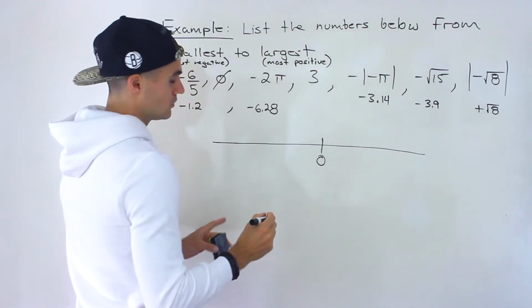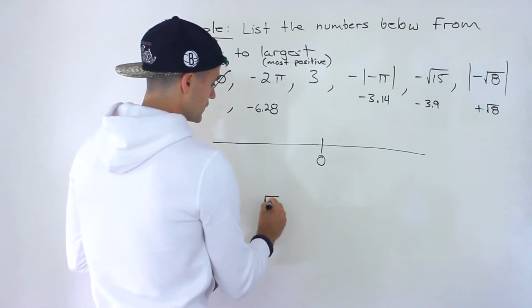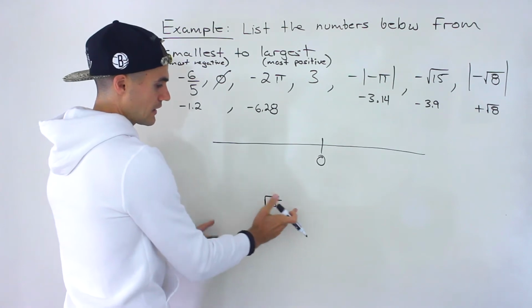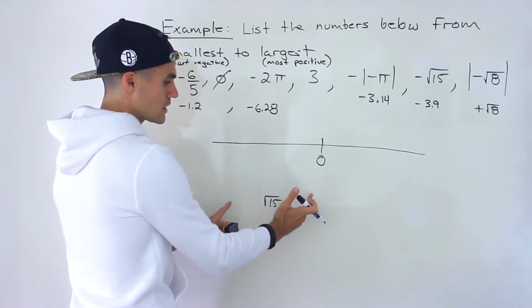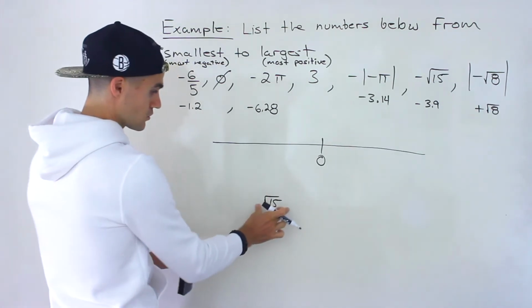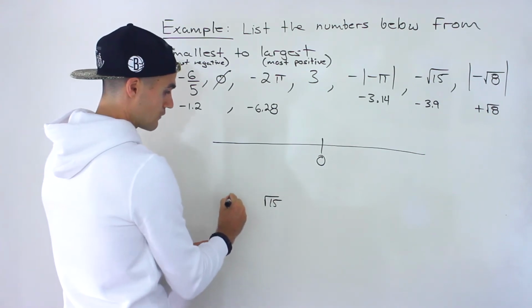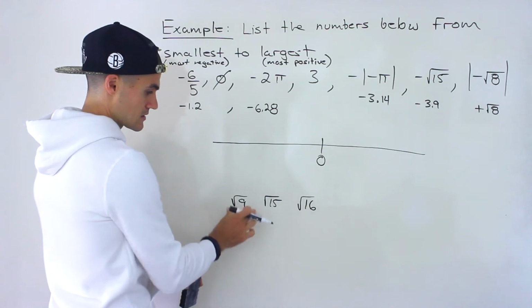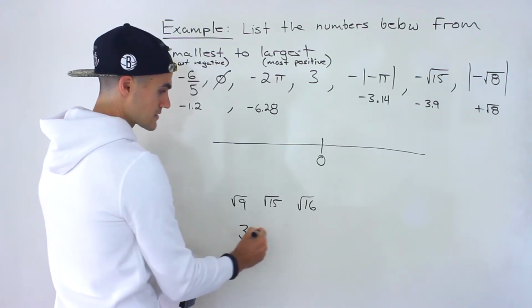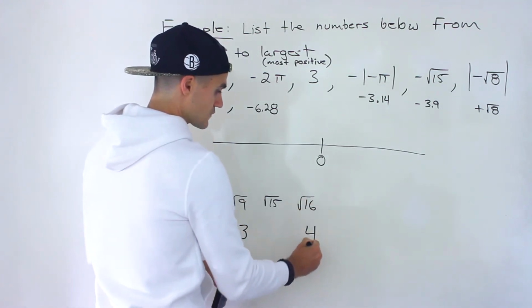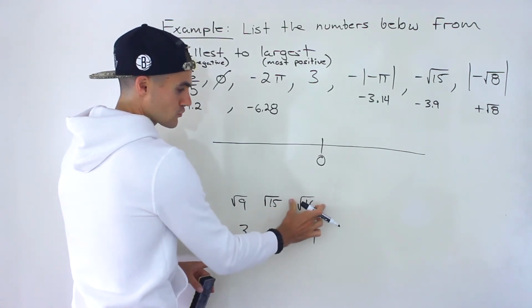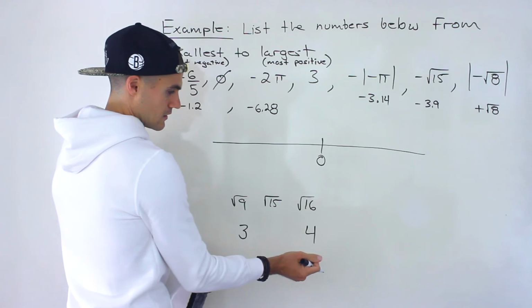Now if you don't have a calculator, if we've got root 15, what you can do is think of this in relation to the closest rootable numbers. So root 15, and then we have root 9 and root 16. Root 9, that's a rootable number, that's 3. Root 16, that's 4. And then notice that root 15 is closer to root 16, right?